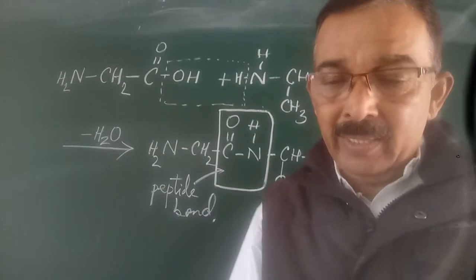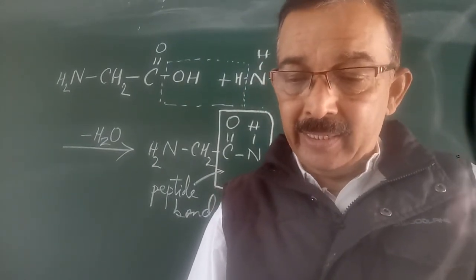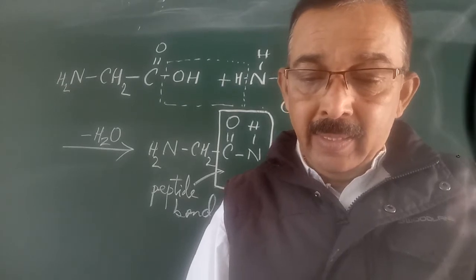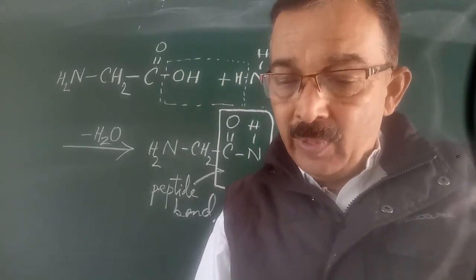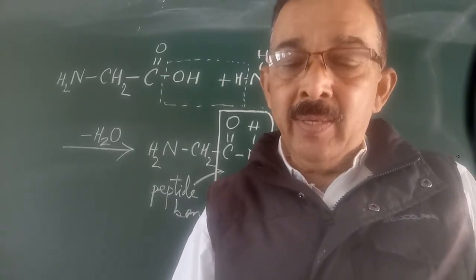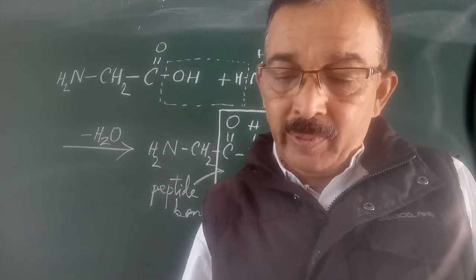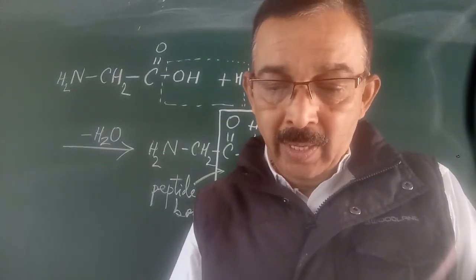A dipeptide because it is made up of two amino acids, and if a third amino acid combines to a dipeptide, the product is called a tripeptide, tetrapeptide, pentapeptide or hexapeptide and so on.